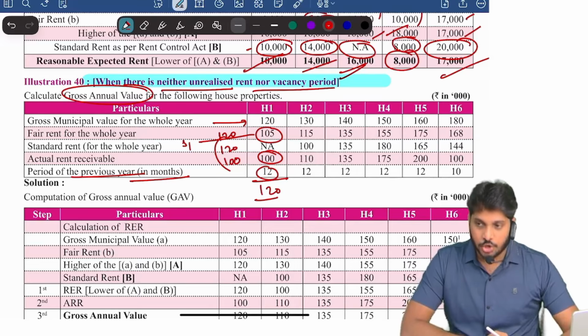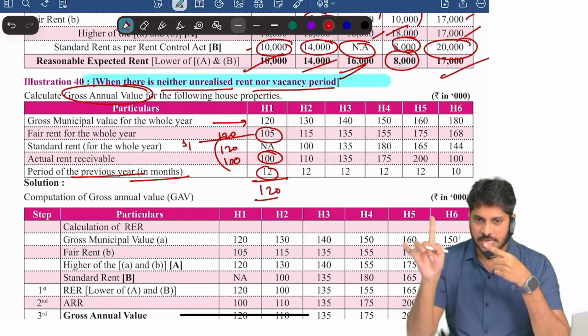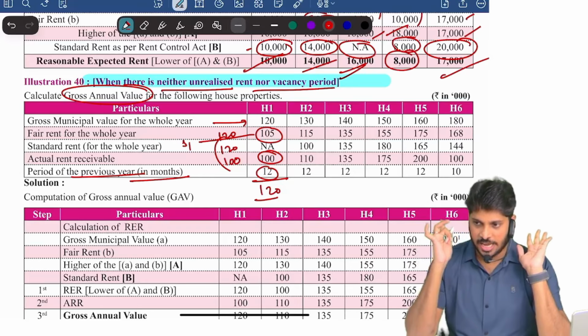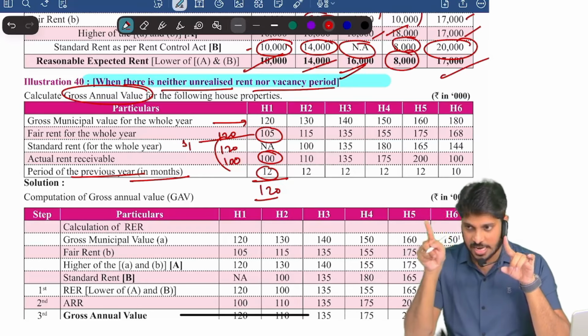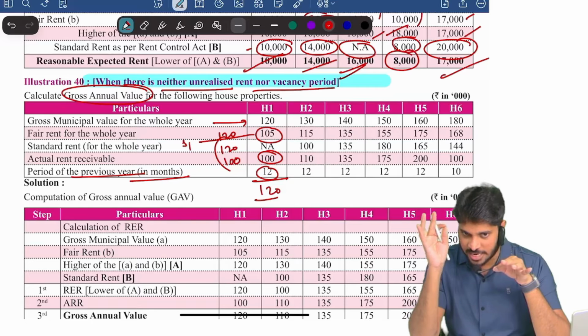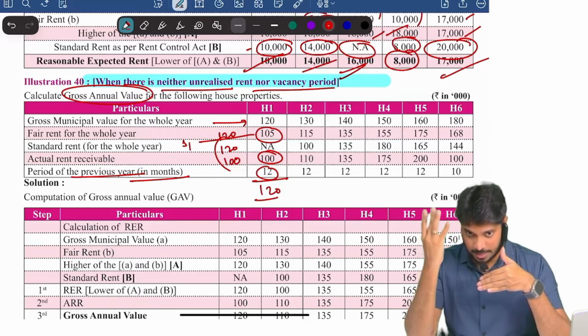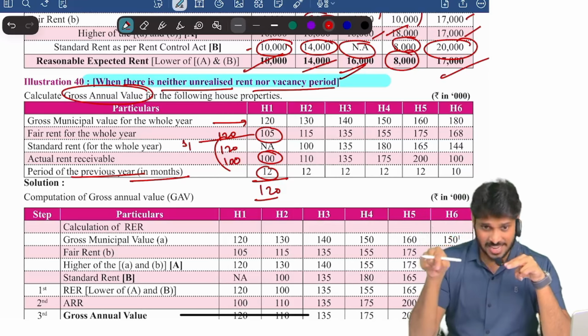Next, you remember how to calculate gross annual value. Step 1, expected rent. How to calculate expected rent? Fair rent or similar property rent or municipal value, whichever is higher, subject to a maximum of standard rent. Step 2, actual rent receivable: let out period multiplied by monthly rent is equal to receivable, minus unrealized rent, is equal to actual rent received. Step 3, if received rent is less than step number 1, vacancy is there.